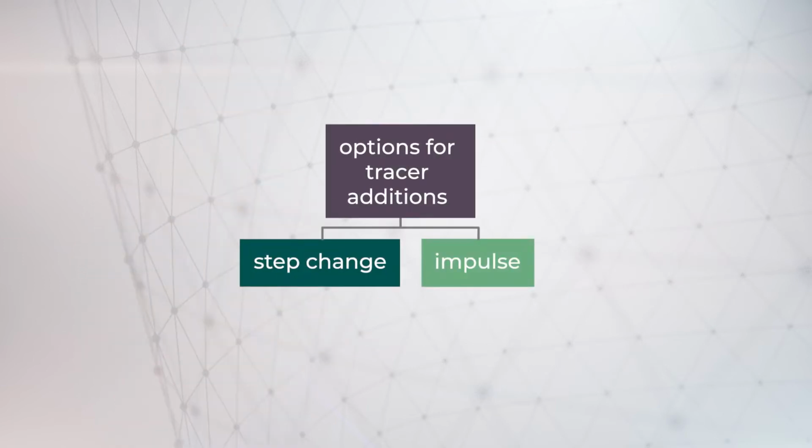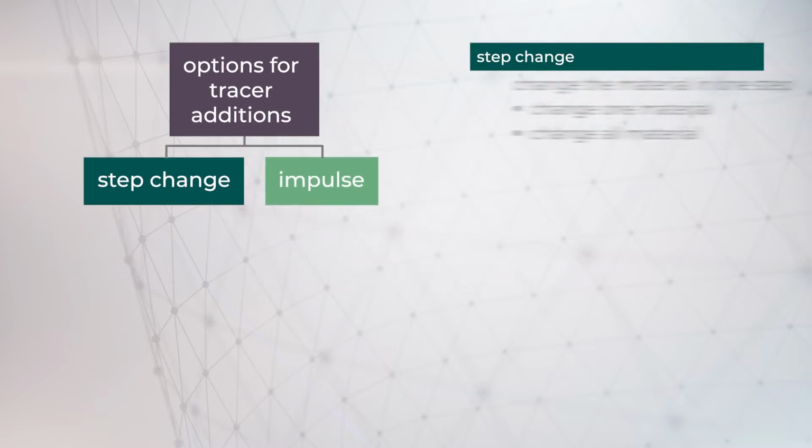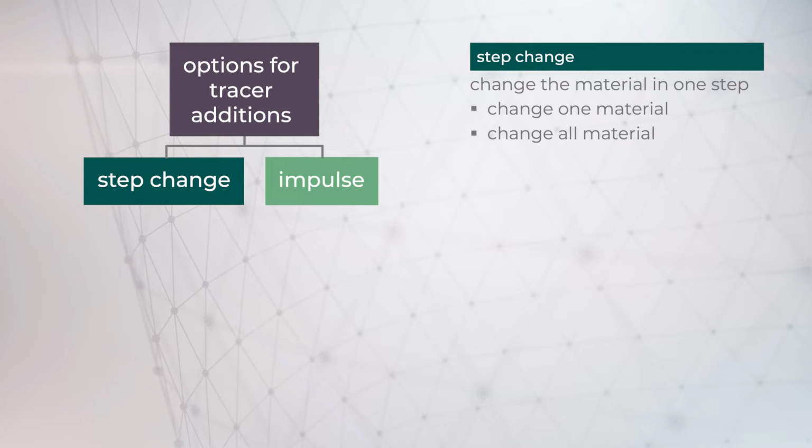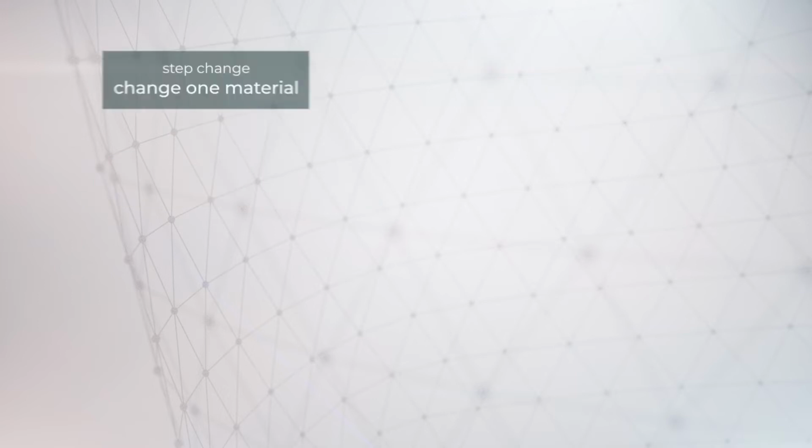In general, there are two options when adding a tracer to a system. Option 1, you conduct a step change experiment, or option 2, an impulse test, where you simply add the tracer. If you carry out a step change experiment, you either change all material in one step or you change just one material.